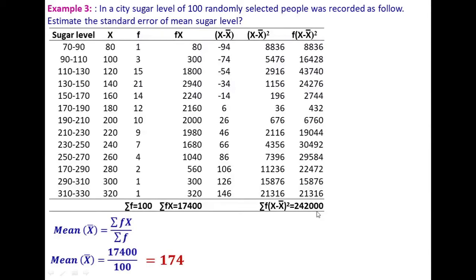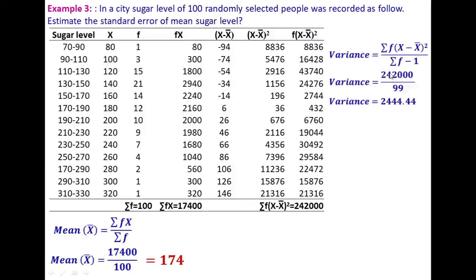By using variance formula, we can calculate the variance for this data set is 2444.44, whereas the standard deviation can be calculated by taking the square root of variance, and for this data set it is 49.44. And finally, we can calculate the standard error by using this formula.